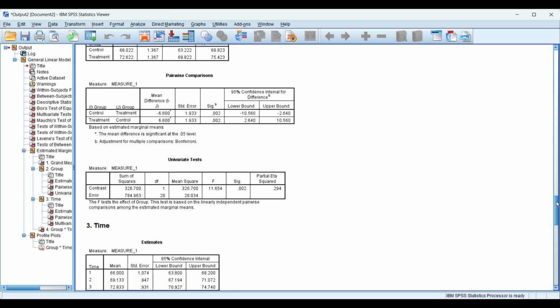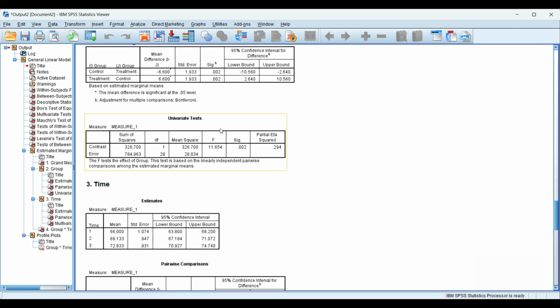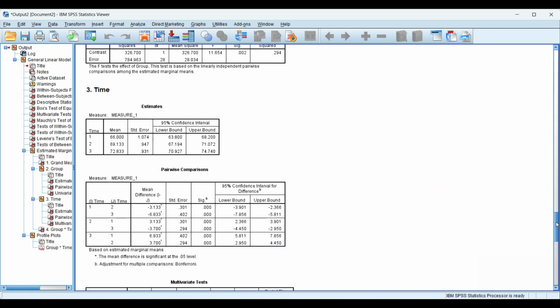Okay, now we go for the next univariate test. This is also significant over time because the value of p is less than 0.05. Now we come to the next time. You can see there is a high marginal mean of time in week 4, because it was 72.833, rather than pre-test and week 2.